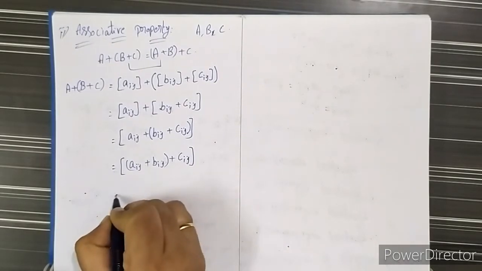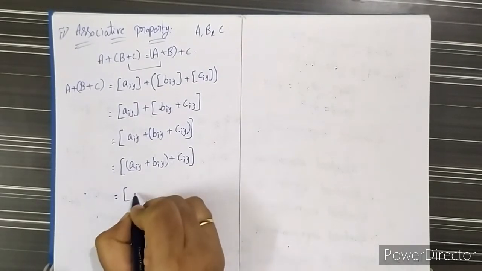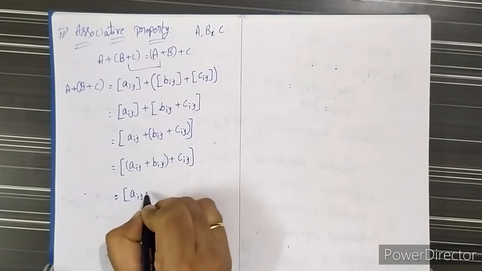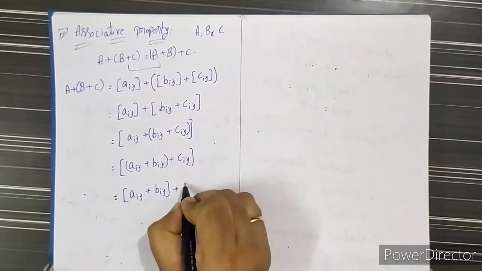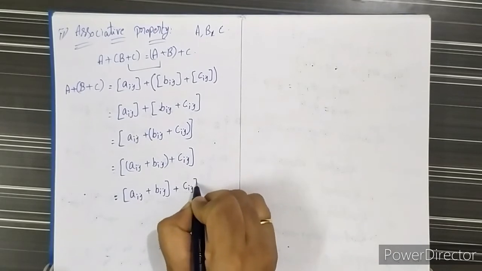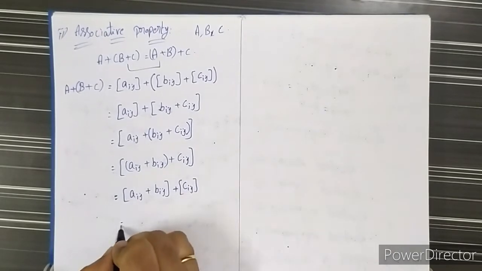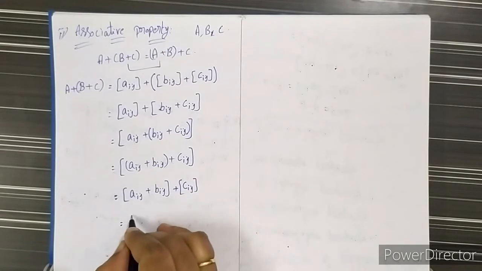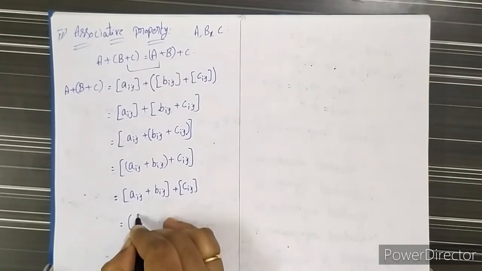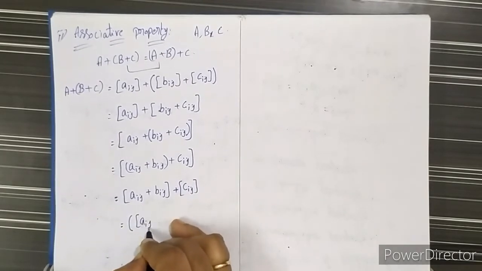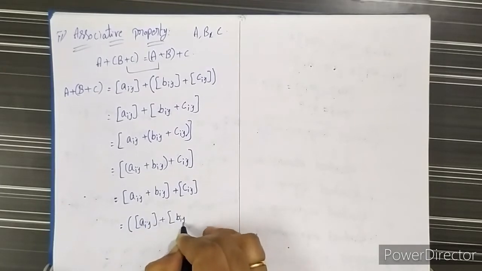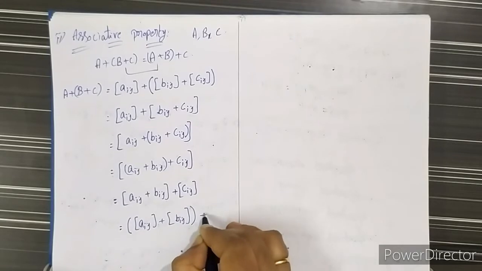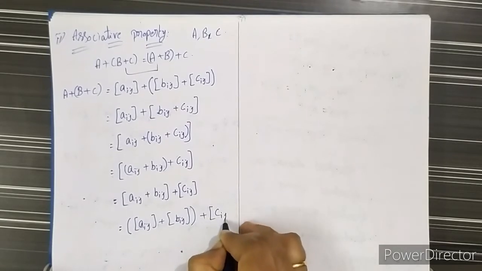That equals Aij plus Bij plus Cij. That equals, this can be split into (Aij plus Bij) plus Cij.